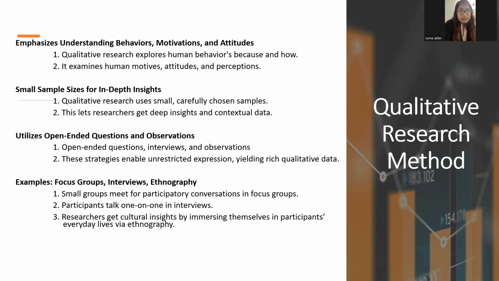Number one, qualitative research uses small, carefully chosen samples, and these let researchers get deep insights and contextual data. It utilizes open-ended questions and observation.